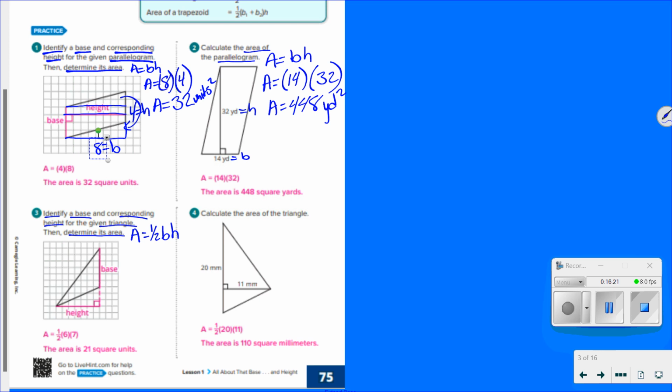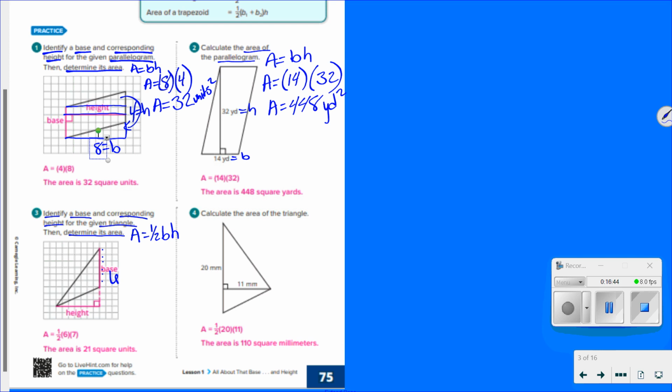The base, how many units did you find for the base? How many units? Lucas? No, just the base. 1, 2, 3, 4, 5, 6. Our base is 6. Okay?